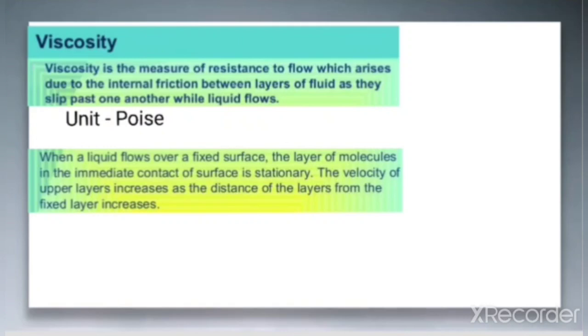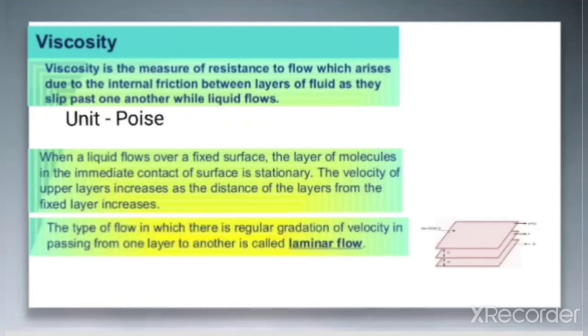So that means the upper layer will have the greater velocity, that is, that layer will flow more. The upper layer's velocity is more, and the layer in contact with the surface is nearly stationary. That type of flow is called laminar flow.